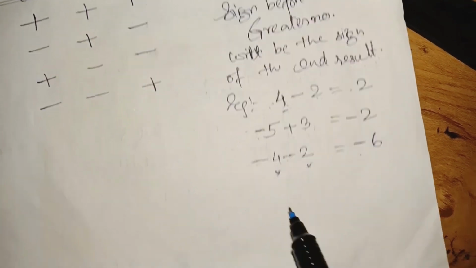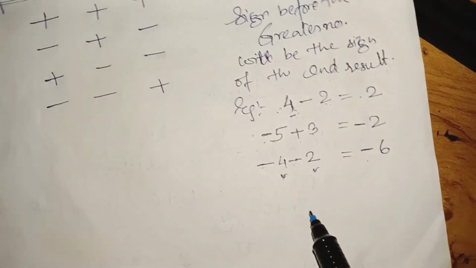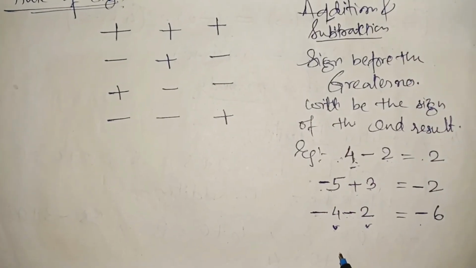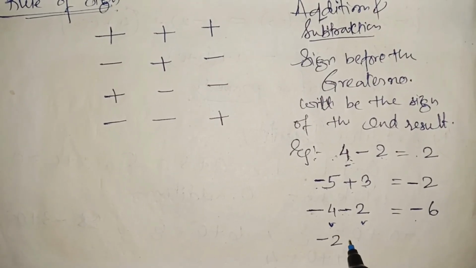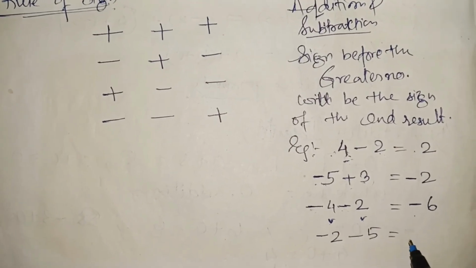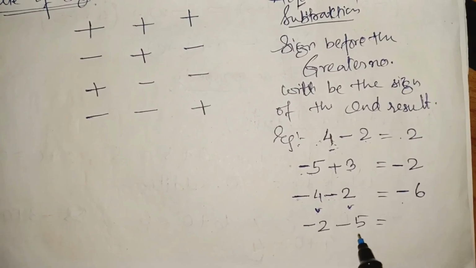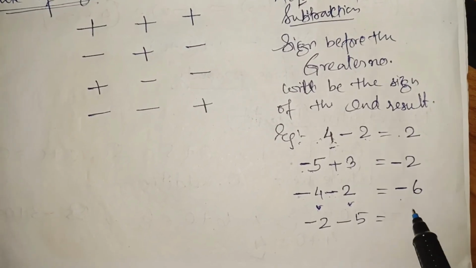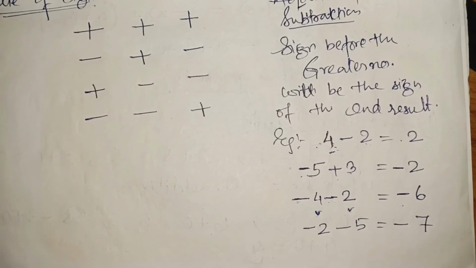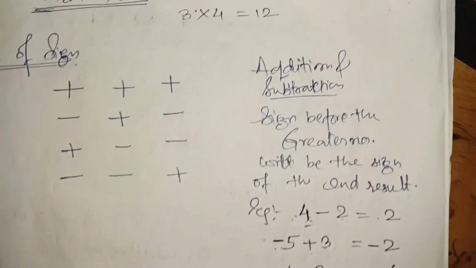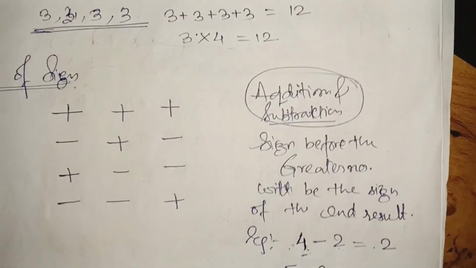Again, you may take one more example here, like minus 2 minus 5. Then again you will add the numbers. 5 plus 2 is 7, and we will just put the negative sign here. So this is the case for addition and subtraction.